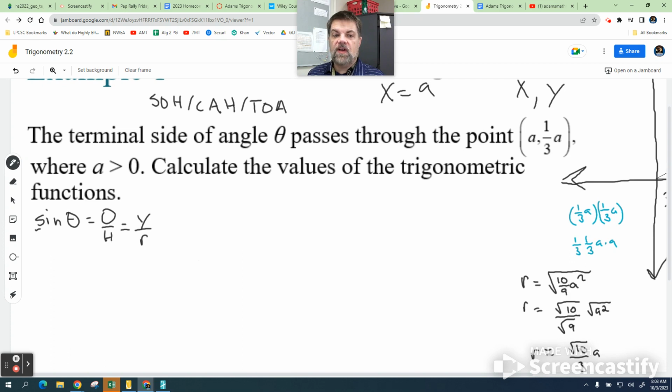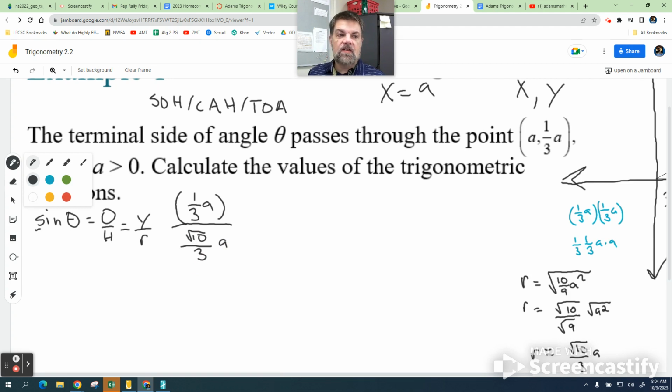So what's the y value? Well, the y value is 1/3 times a. That's y. All over r. Well, what's r? Uh-oh. The square root of 10 over 3 times a. All right?